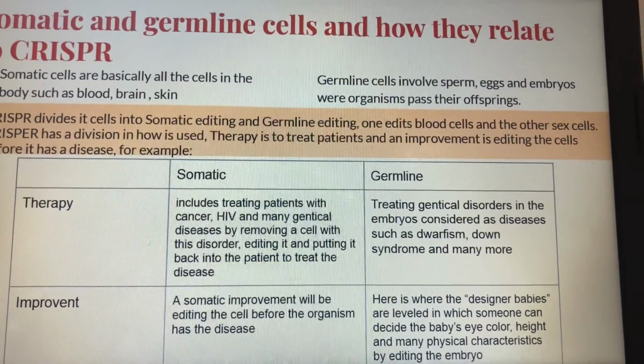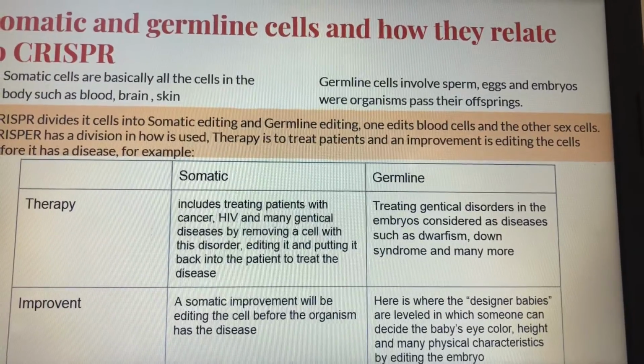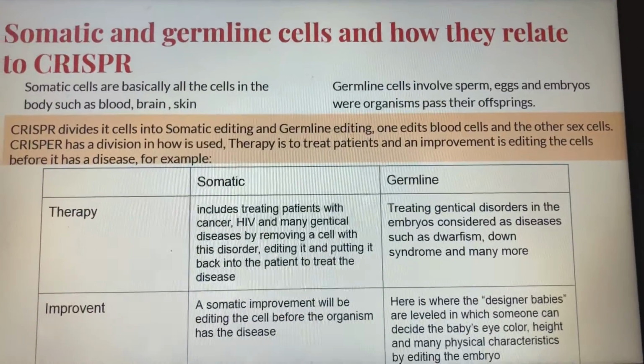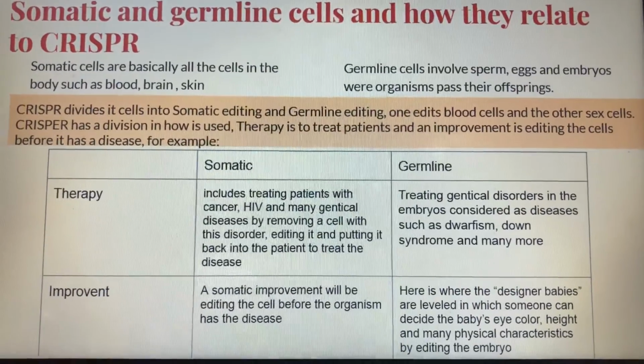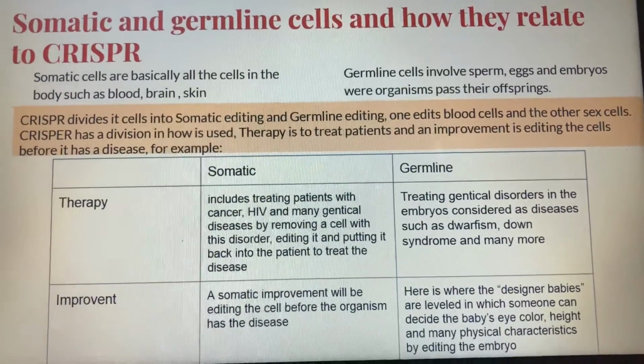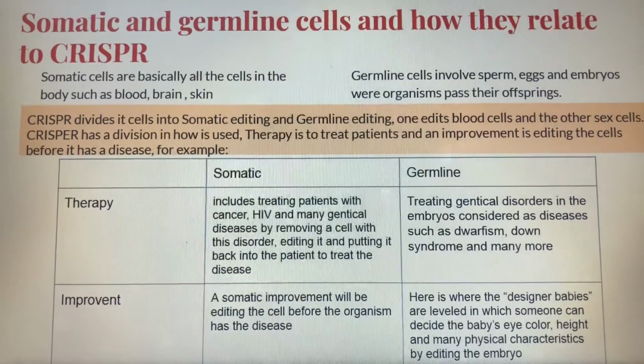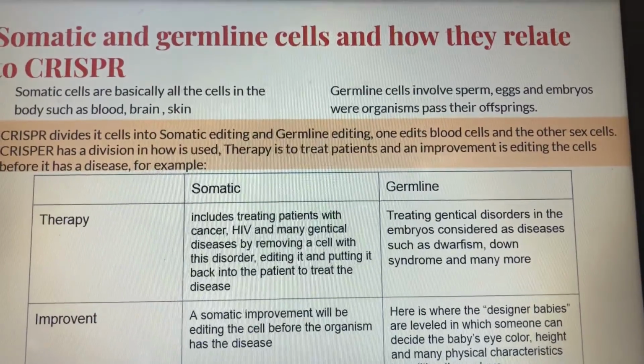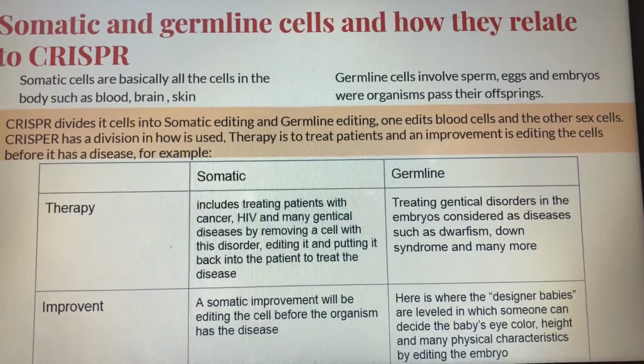The germline is where the controversy lands. Germline therapy is treating genetic disorders in embryos that are considered a disease, such as dwarfism, Down syndrome, and many more.